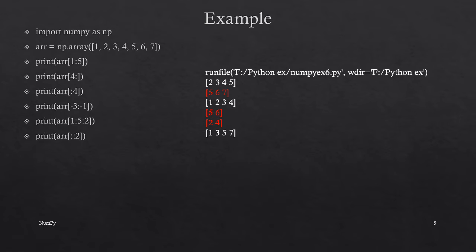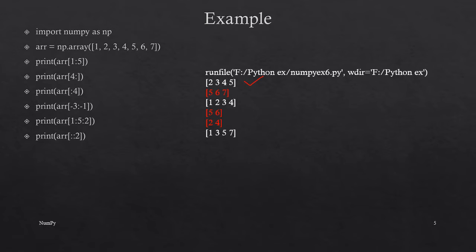See the first print statement, print arr of 1 colon 5. The elements from index location 1 to 5 will be sliced, but the element at the fifth index location will be excluded. So the result will be the elements at index locations 1, 2, 3 and 4. See the values 2, 3, 4 and 5.